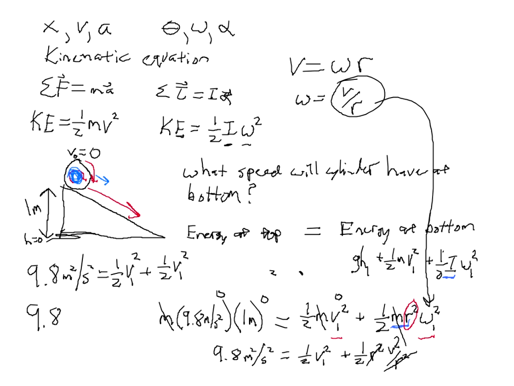So 9.8 meters squared per second squared equals v1 squared. Take the square root of both sides, and you get that v1 is the square root of 9.8, which I will do on my calculator, and I get 3.13. 3.13 meters per second. Now we're done.